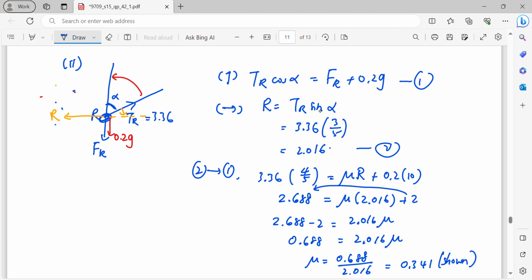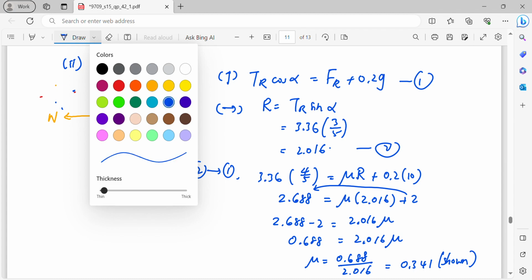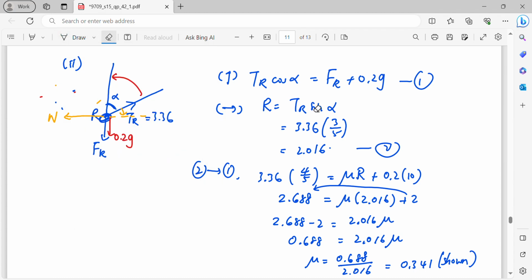So if you don't want to get confused, probably you can just write N. If you want to change, instead of R, you can change to N. So if you change to N, because you already use the R here, that means here is going to be mu N. Okay, to avoid the confusion, right?